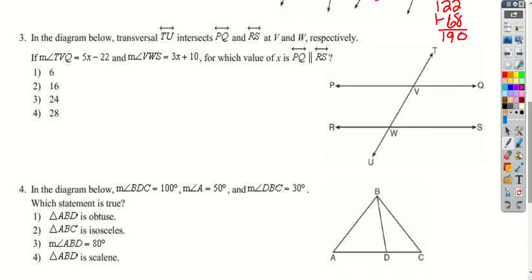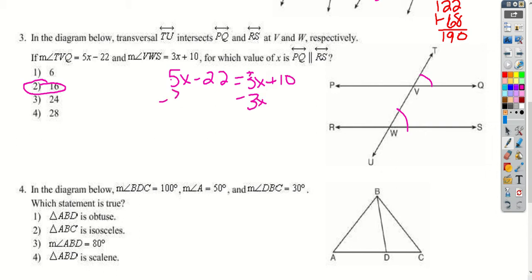Number 3, which is actually the same as 11. So we're just going to solve for it in a way. We know the answer should be 16, but we're going to do it anyway. So 5x minus 22 is angle TVQ, which is this guy, and VWS is this guy. So these are equal. And then we're just going to solve for x.